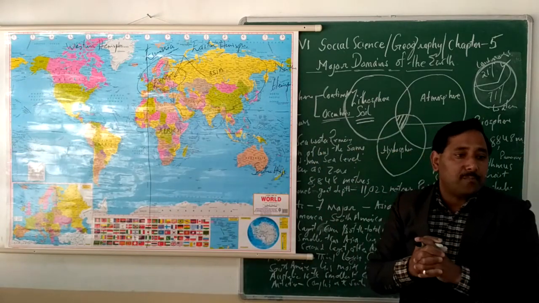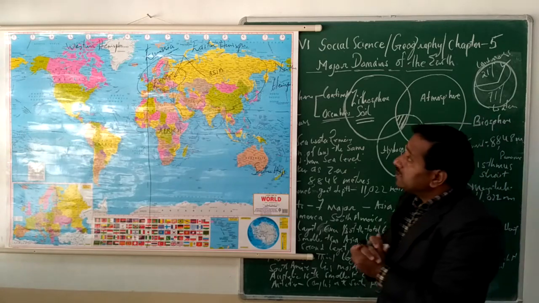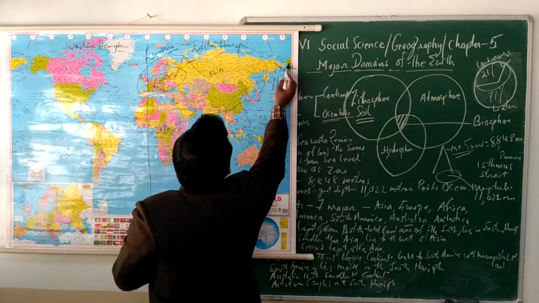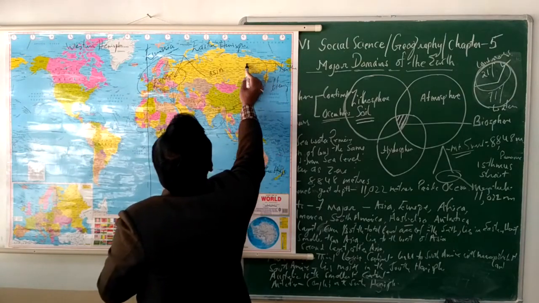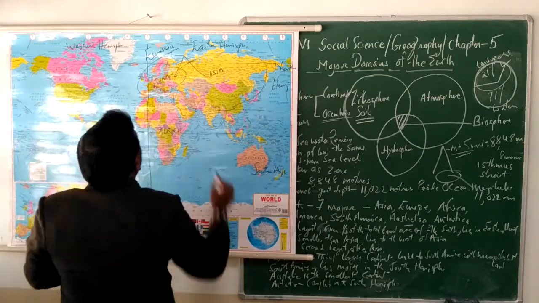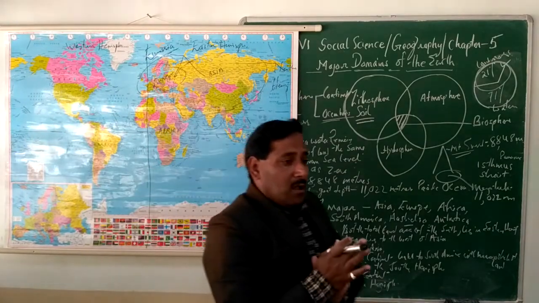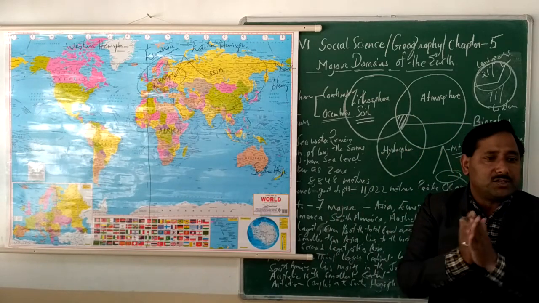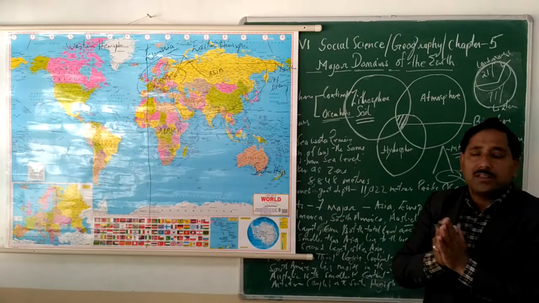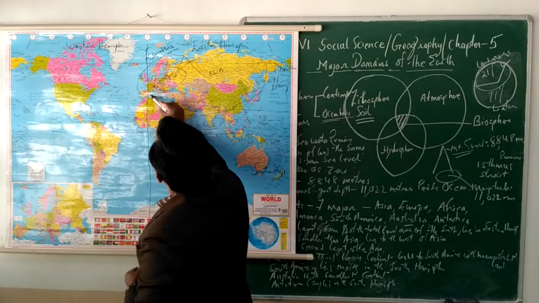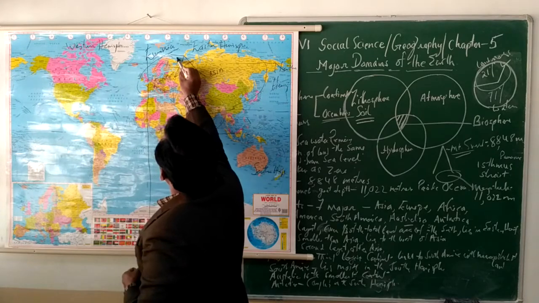The Arctic Circle passes through it. If you see the Arctic Circle, this is your line of Arctic Circle. So it also passes through your Europe. And it is bounded by water bodies on three sides.